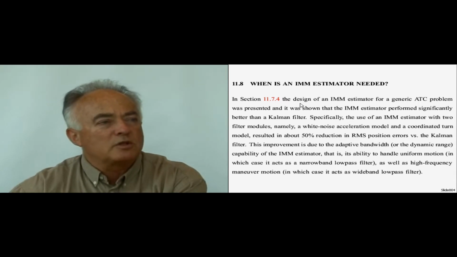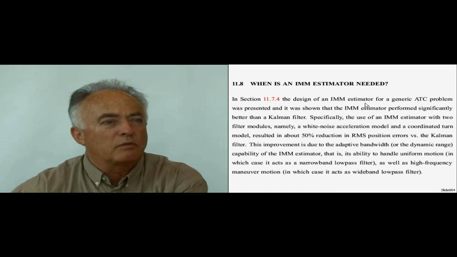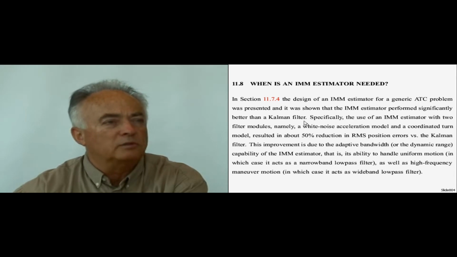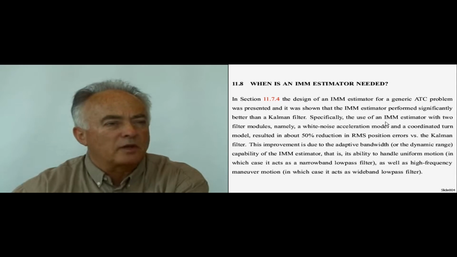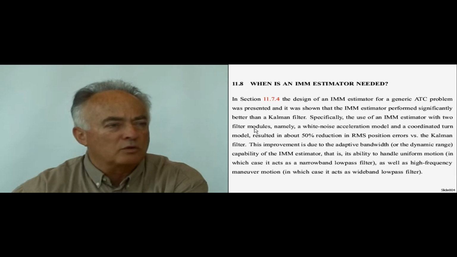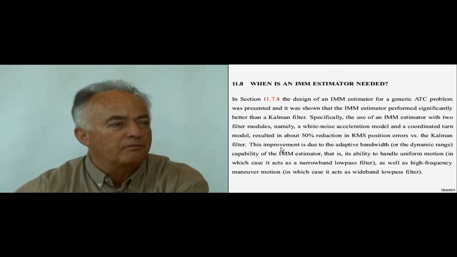We have seen the design of an IMM estimator for a generic air traffic control problem, and the IMM clearly performs significantly better than a Kalman filter. Specifically, an IMM with a modest number, only two filter modules, a white noise acceleration and a coordinated turn model, yielded 50% reduction in RMS position errors versus the Kalman filter.